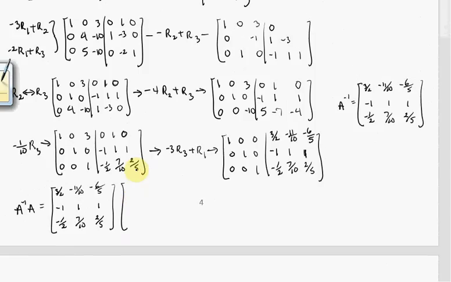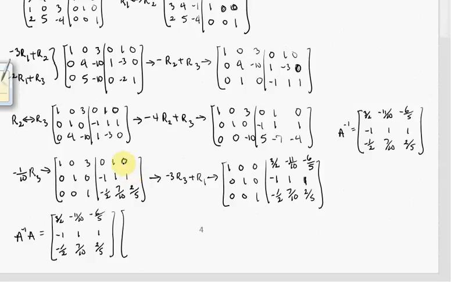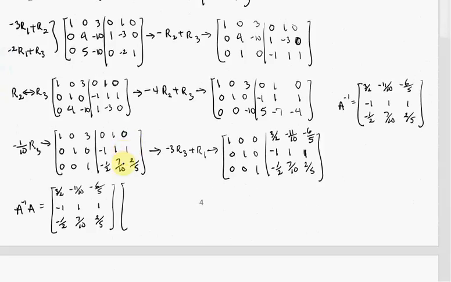Now times the matrix A. So going back and forth for some years, okay. Three, 4, negative 1, 1, 0, 3, 2, 5, negative 4.